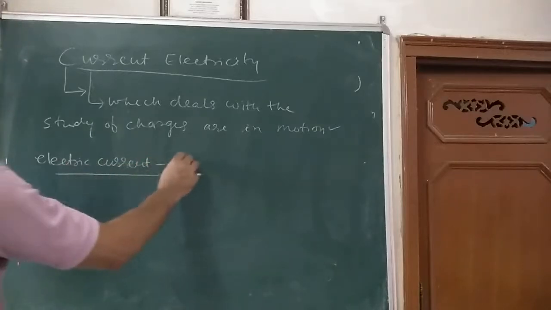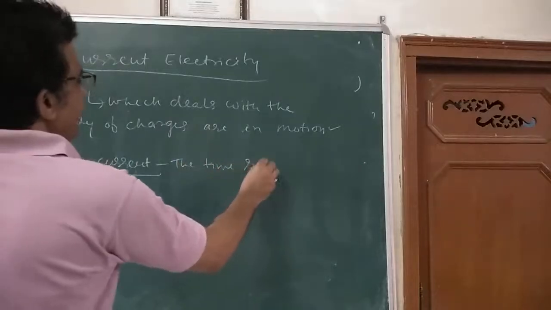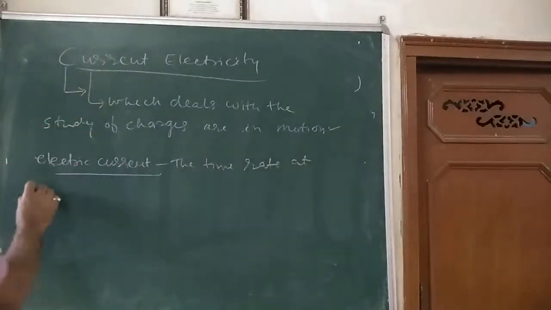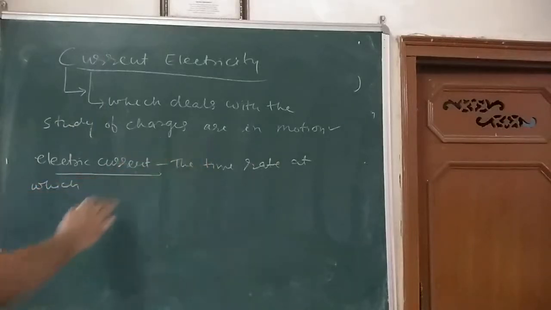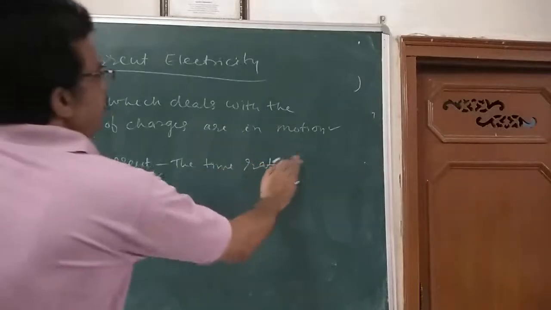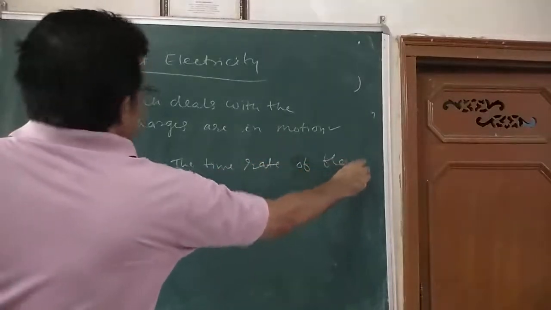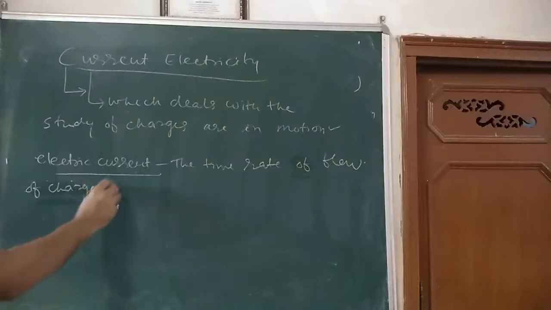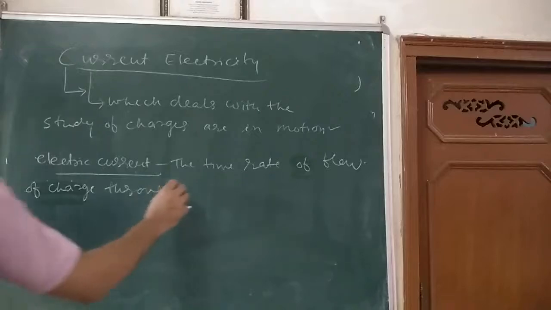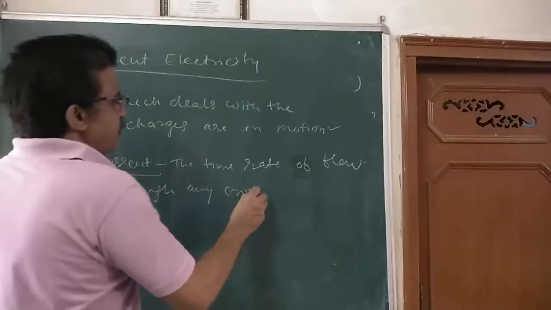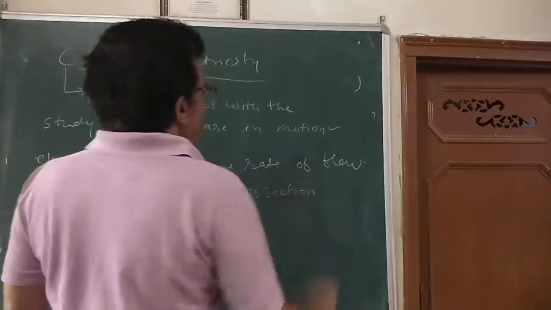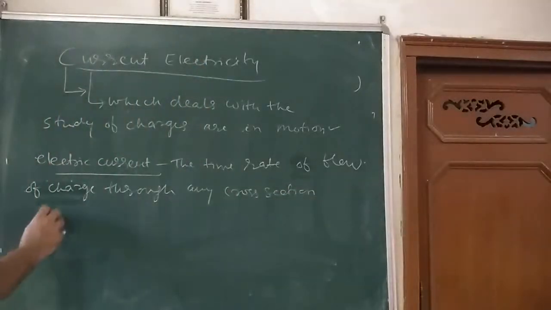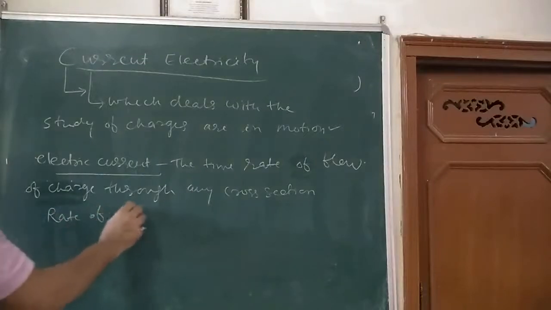Here I can say the time rate of flow of charge through any cross section is called electric current, or I can say rate of flow of charge.